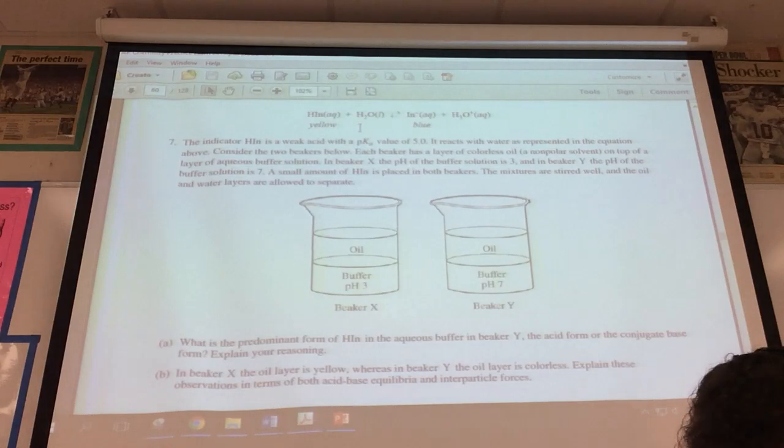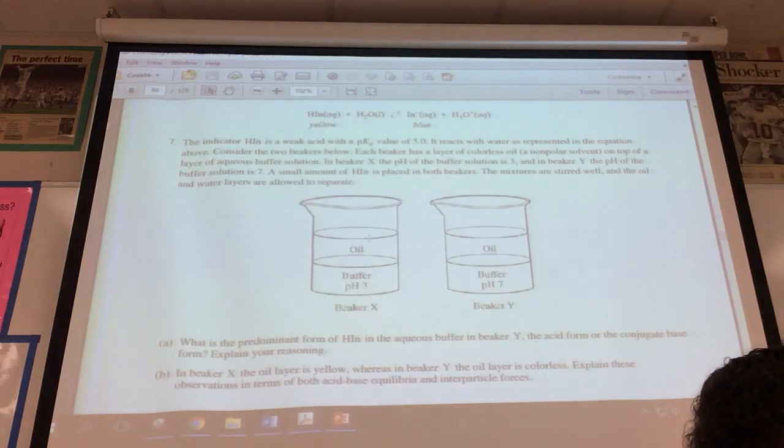Looking at a short question right here, they give you this equation. They're showing you yellow to blue. So this is a different indicator than what I showed you. It says the indicator HIN is a weak acid with a pKa value of 5. It reacts with water as represented in the equation above. Consider the 2 beakers below.